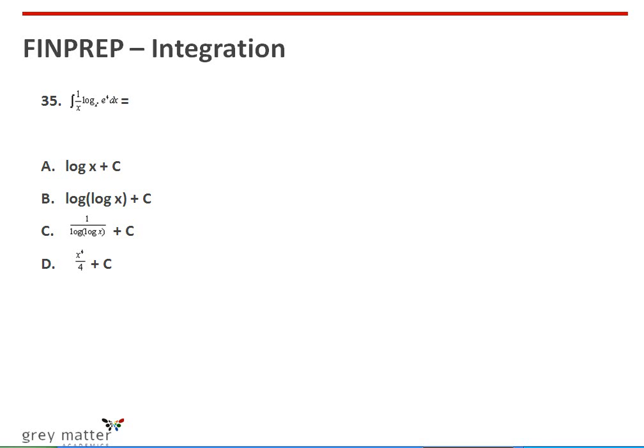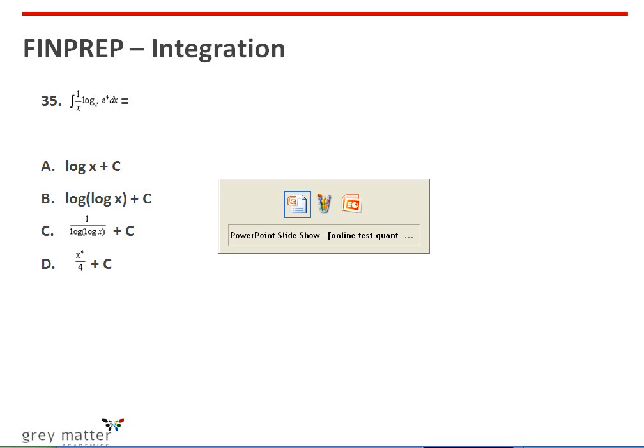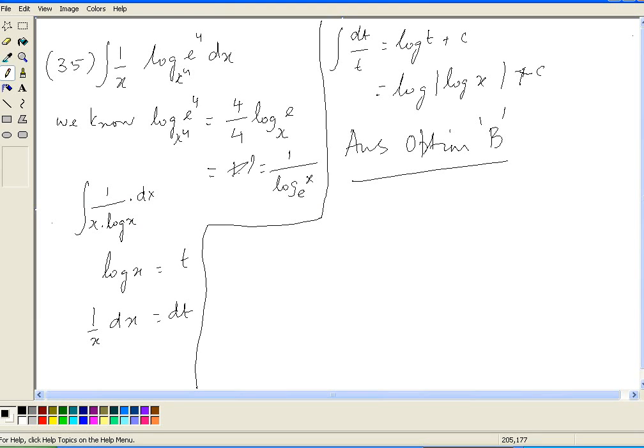35th problem, integral of 1 by x log e power 4 to the base x power 4 dx. Going back to our work area, we know that log e power 4 to the base x power 4 is nothing but 4 by 4 log e to the base x. That is the property of logarithms. Then again, which is nothing but log e to the base x, and which can be written as 1 by log x to the base e.